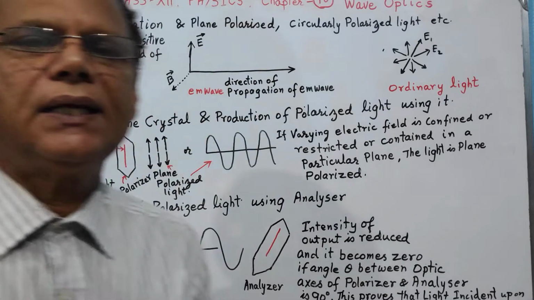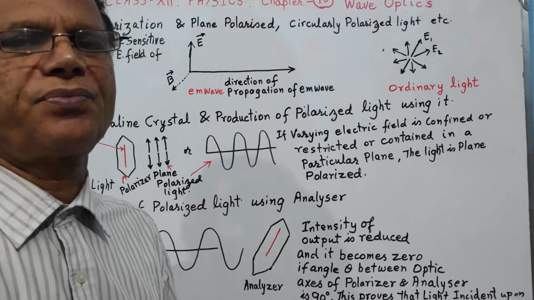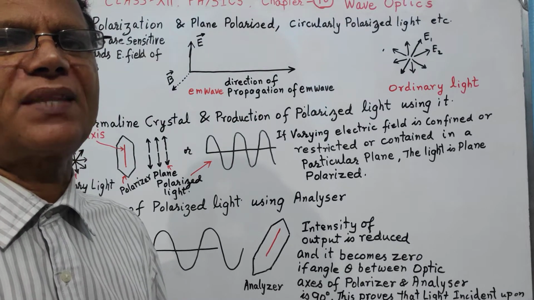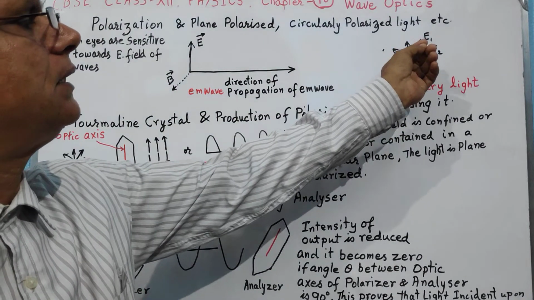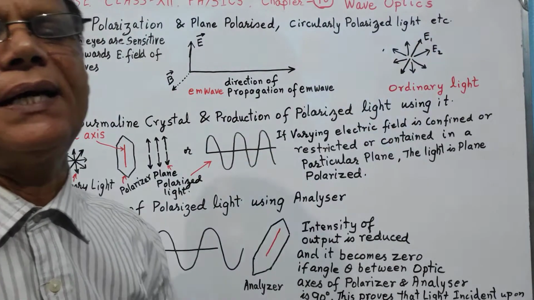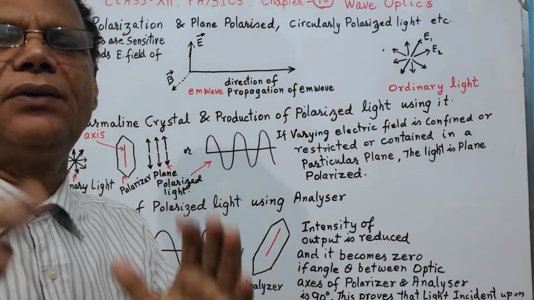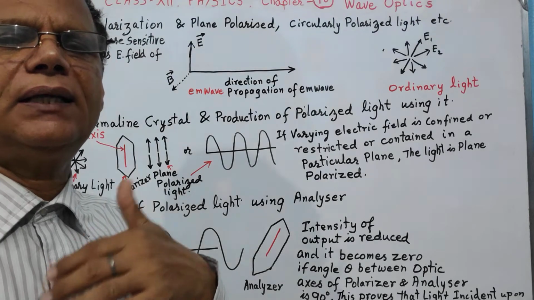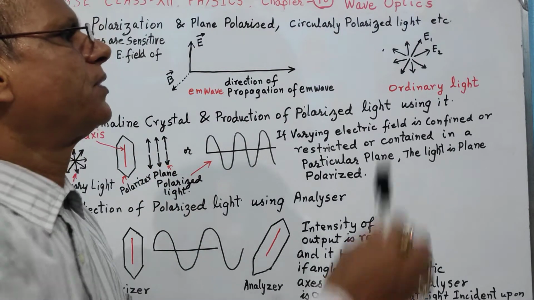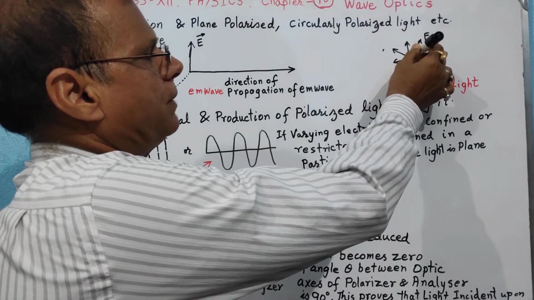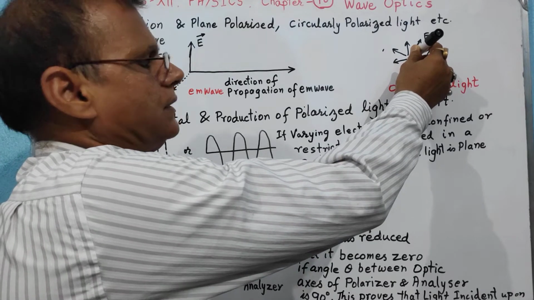Well, you see, light is a bunch of photons, and each photon has an energy packet. So every photon has its individual electric field variation and magnetic field variation. And since there are so many photons, they have random directions of vibration of the electric field. They are all perpendicular to the direction of propagation of the electromagnetic wave, essentially.